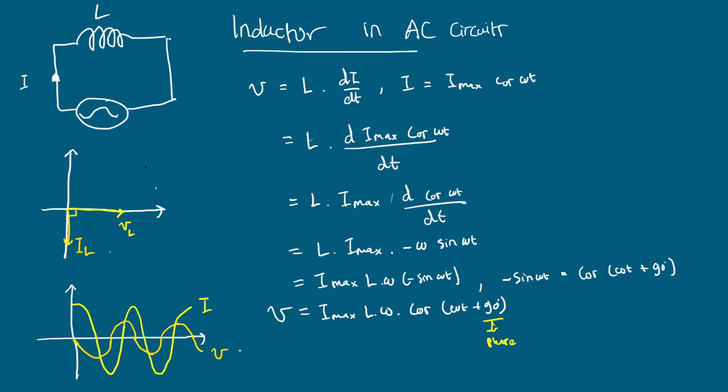So this one is the voltage, and we can see here that the two signals are different. So we can say that the voltage leads the current. Or in reverse, the current lags the voltage, like that.